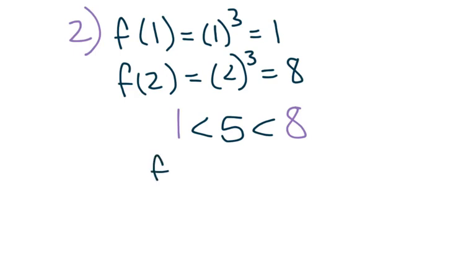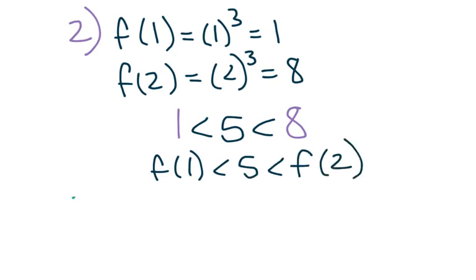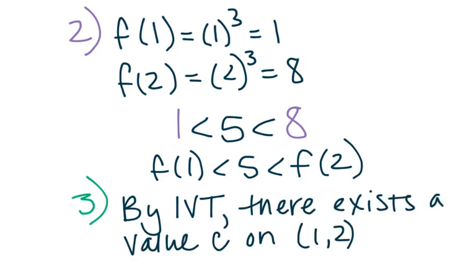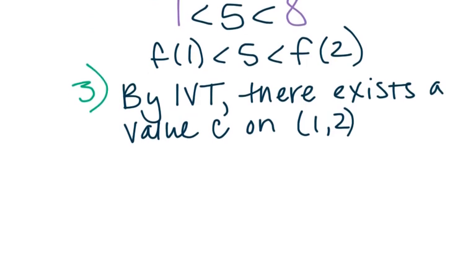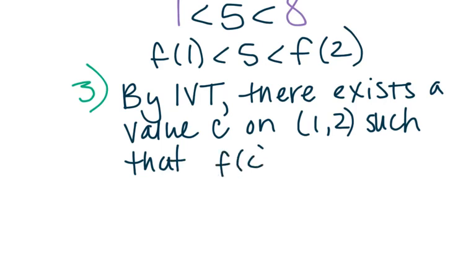Okay, so because f of 1 is less than 5 is less than f of 2, we can now make our conclusion that by the intermediate value theorem, there exists a value c on the open interval 1, 2 such that f of c has an output of 5.